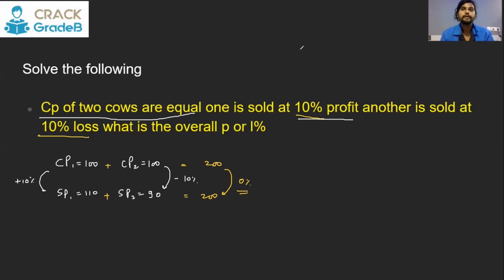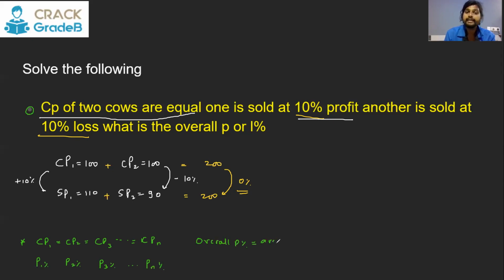So you can make a note of this: if cost price of first article is equal to cost price of second article is equal to cost price of third article, or however many articles there are, if cost prices of all the articles are the same, first is sold at P1% profit, second is sold at P2% profit, third is sold at P3% profit, similarly another article is sold at Pn% profit, then the overall profit percent will be the average of all profit percentages.